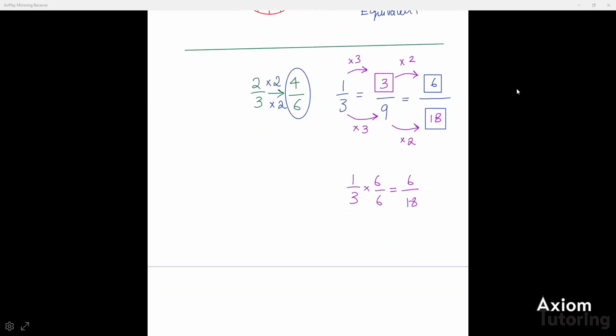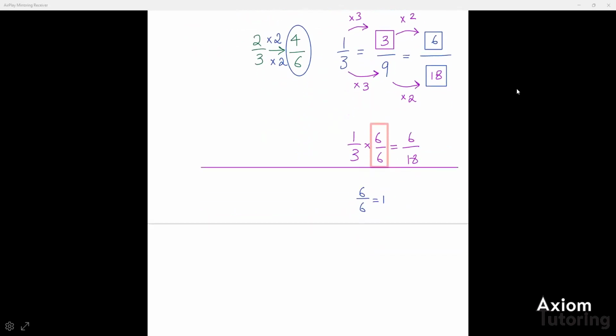So why does multiplying the top number and the bottom number by the same amount give us an equivalent fraction? Well, we have to understand what happens when you divide a number by itself. So here we times by 6/6, and 6/6 is just 1. And if you times, or multiply rather, any number by 1, you get the number itself.